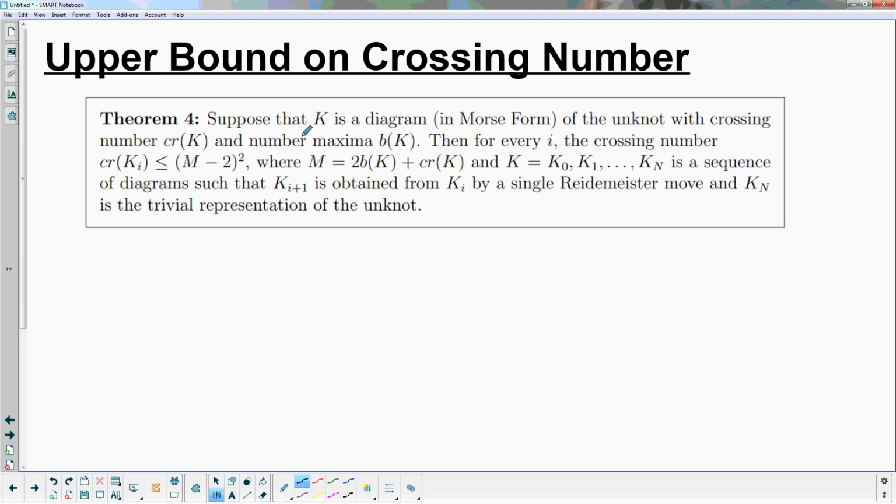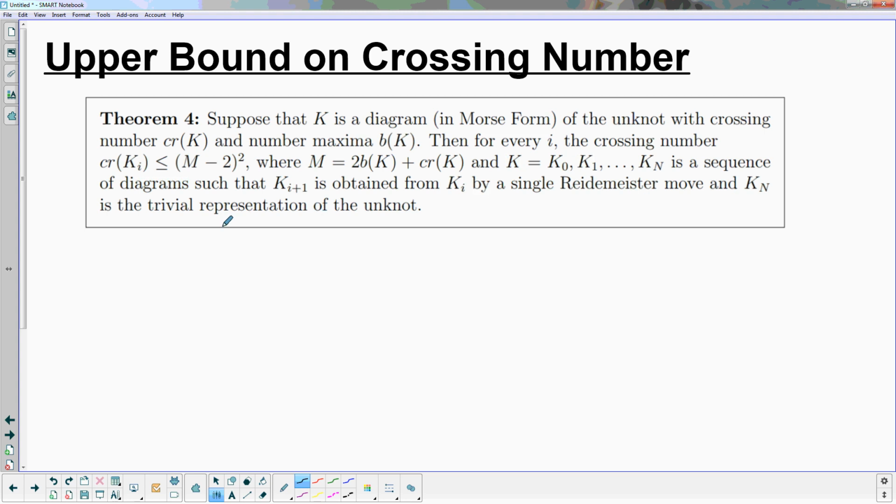And it says that suppose K is a diagram in Morse form of the unknot with crossing number CR of K and number of maxima B of K, then for every i, and we'll get to these i's in a second, the crossing number of that ith knot has to be less than or equal to capital M minus 2 squared, where M is double the maxima plus the number of crossings that we just talked about.